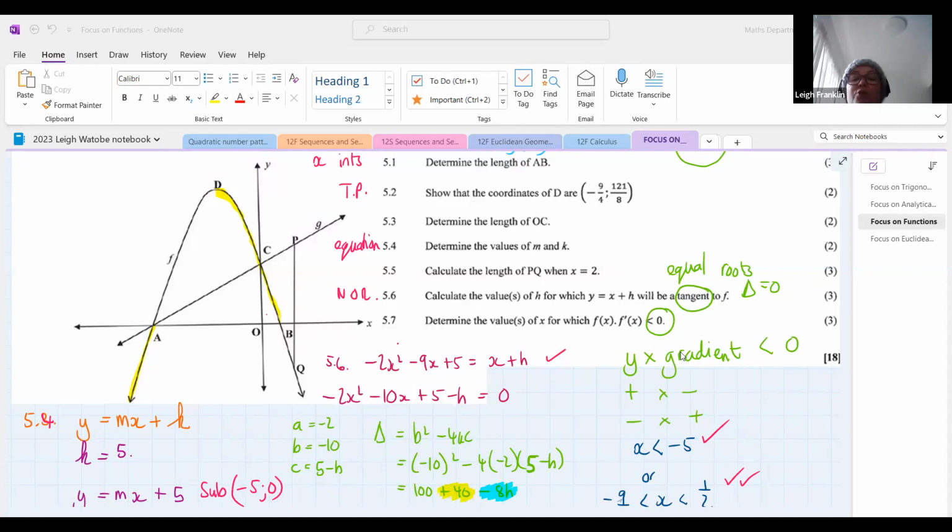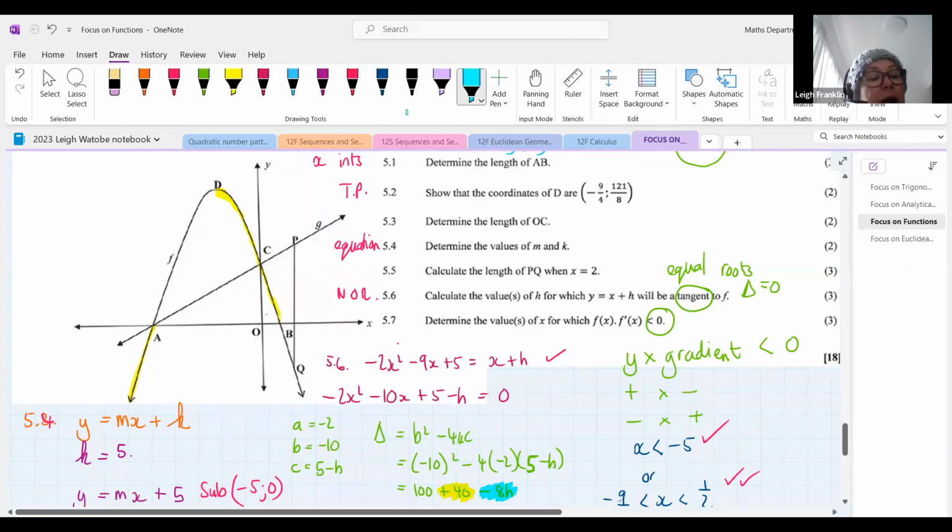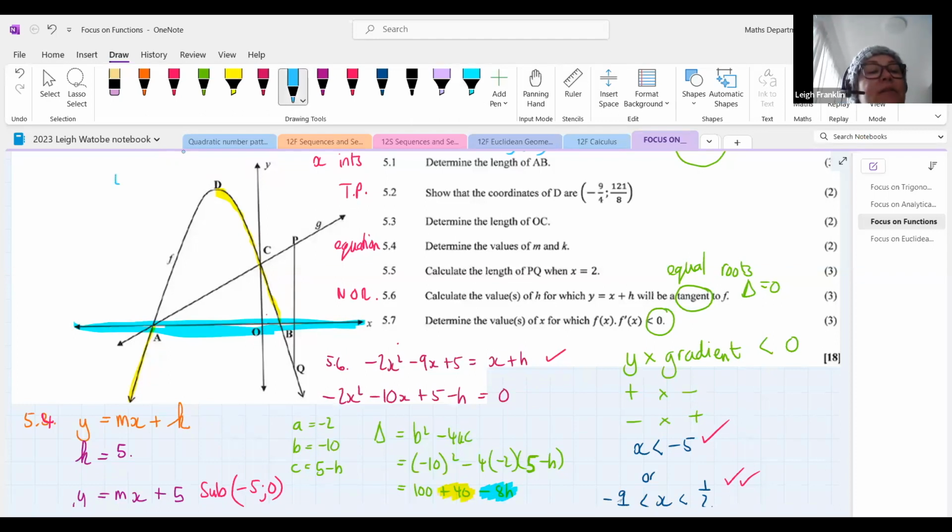All right. So when we talk about the value of y, let's just get a highlighter. There's your x-axis. Above the x-axis, this is where y is greater than 0. Y is positive. Below the x-axis, this is where y is negative.